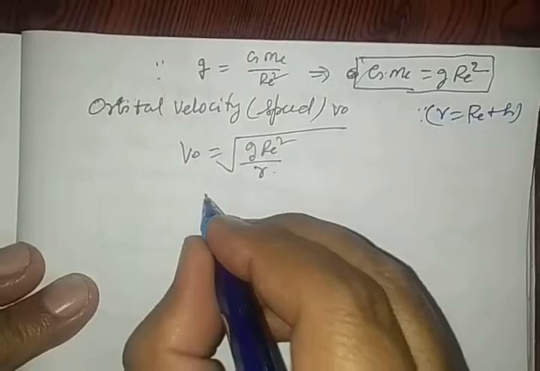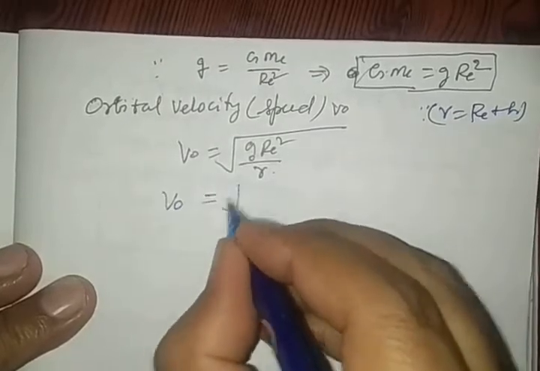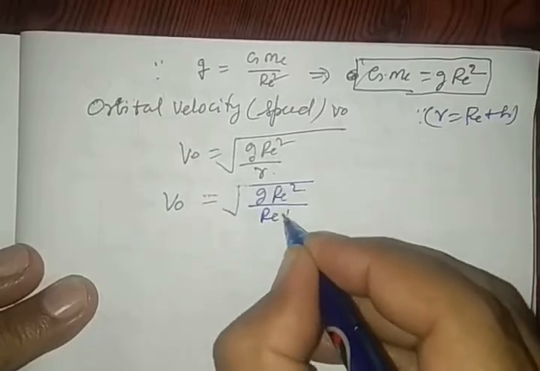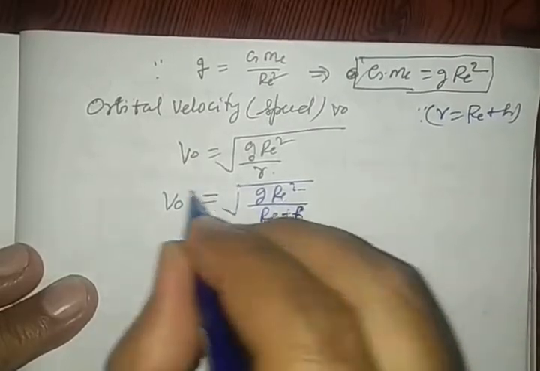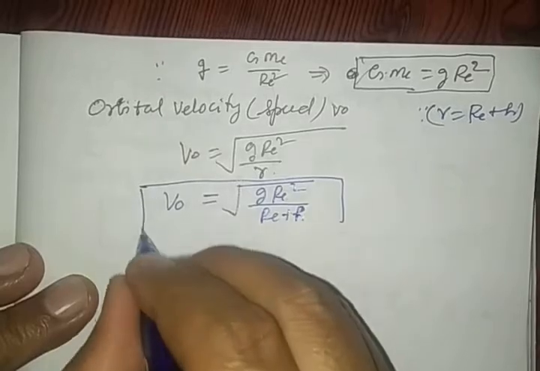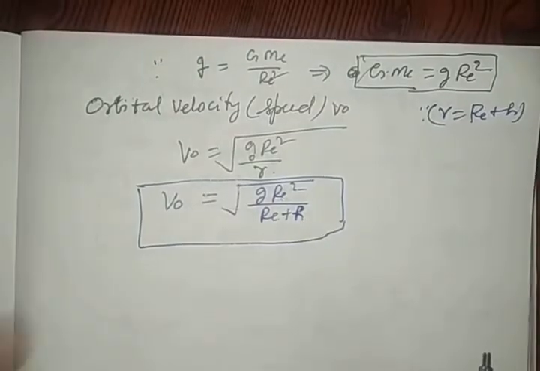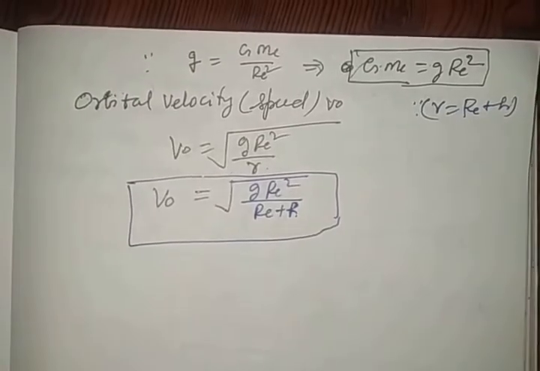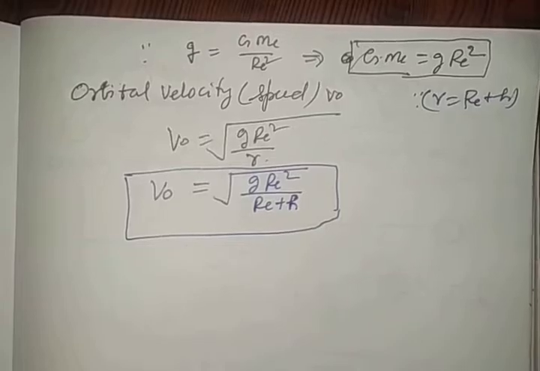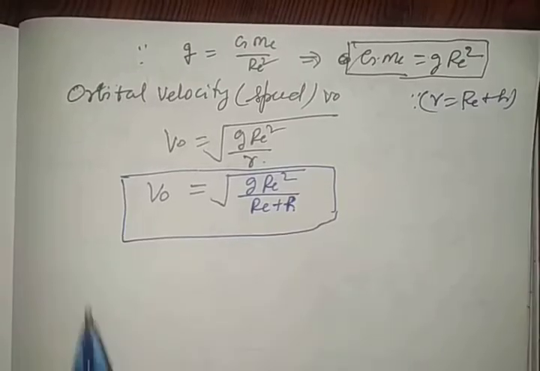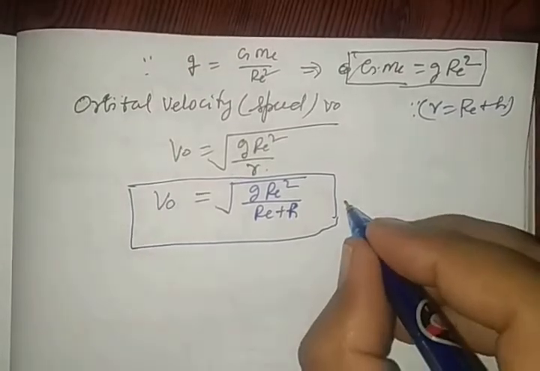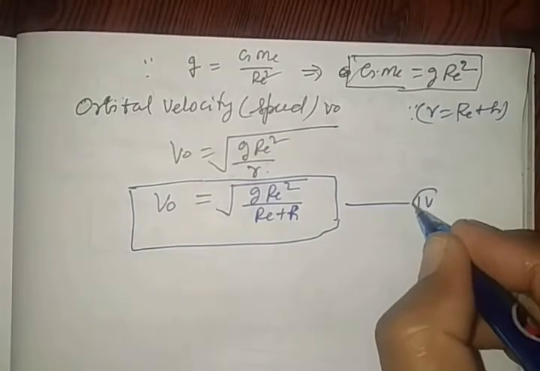So putting this in, the above equation can be written as under root g RE square by RE plus h. In this formula, it depends on the radius of Earth, acceleration due to gravity and height. These three parameters are responsible for calculating the orbital velocity. This is represented by equation number 4 here.